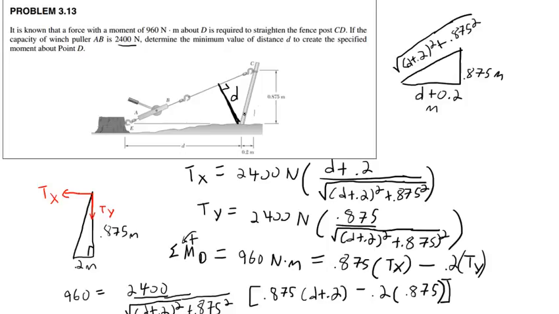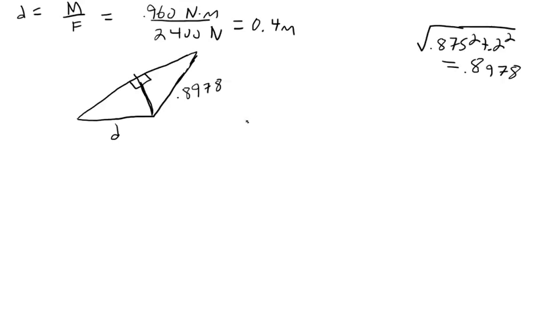And yeah, I can find this angle here. Let me call these alpha, beta, and gamma, just for lack of a better label. So alpha, and we remember that this is 0.2 and this is 0.875, right?